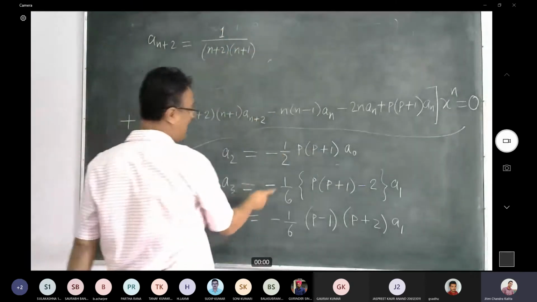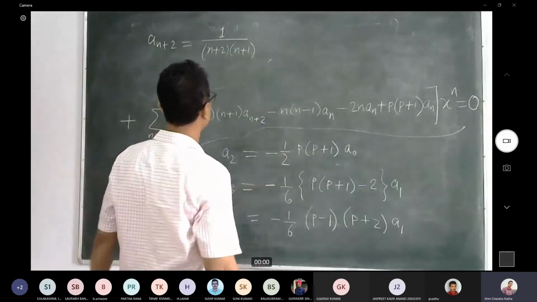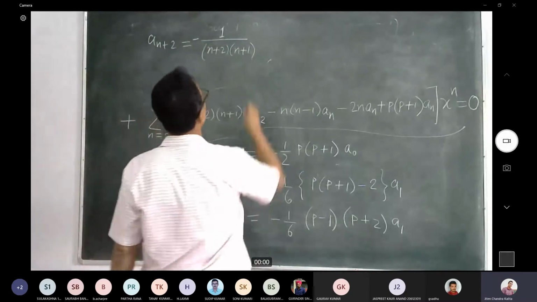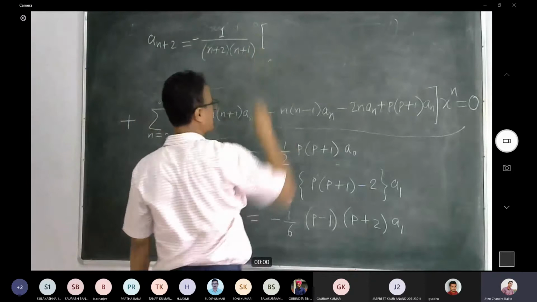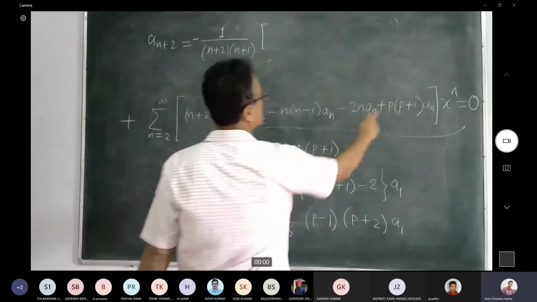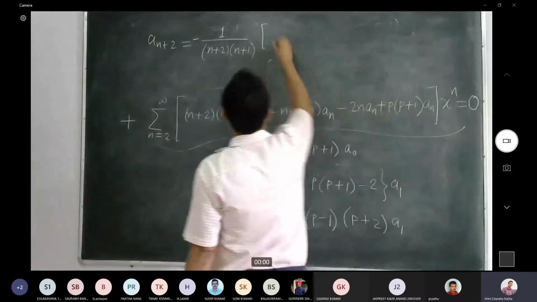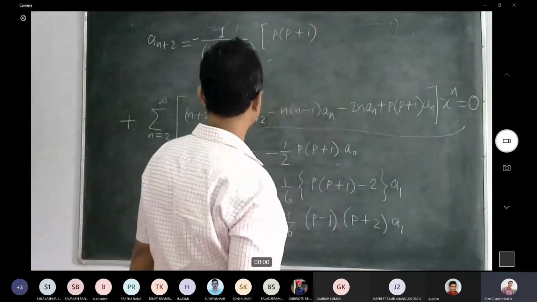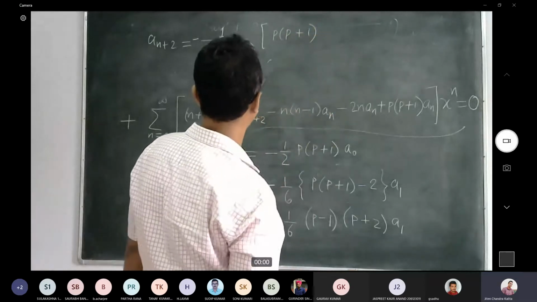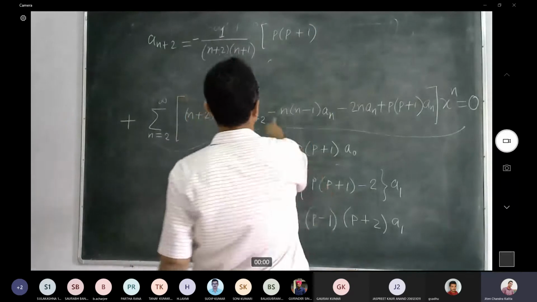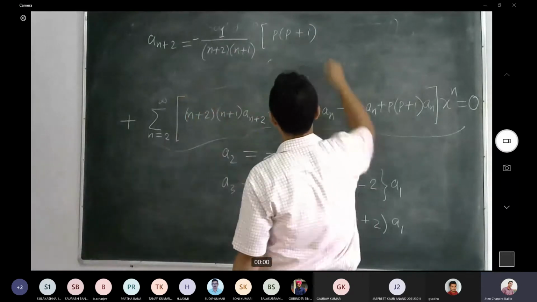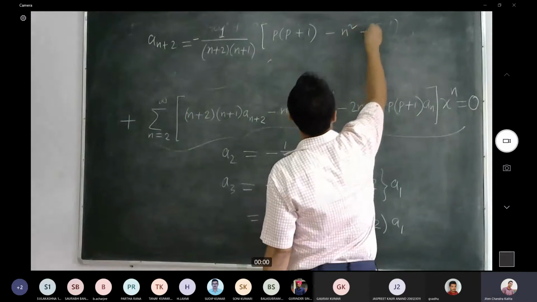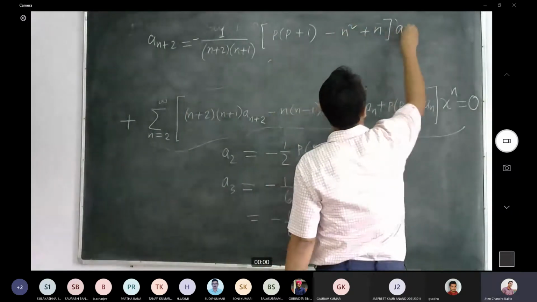As we did here, I can simply bring in this negative sign so that I can make p into p plus 1 come in front, and then from this I am going to get minus n squared plus n, and this is a n. Fine?